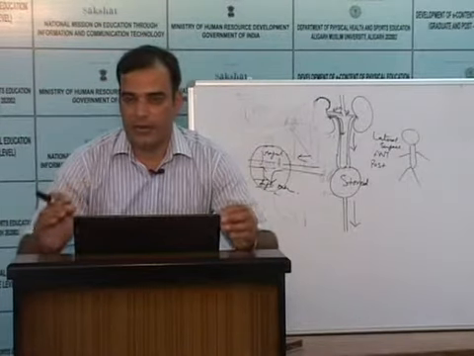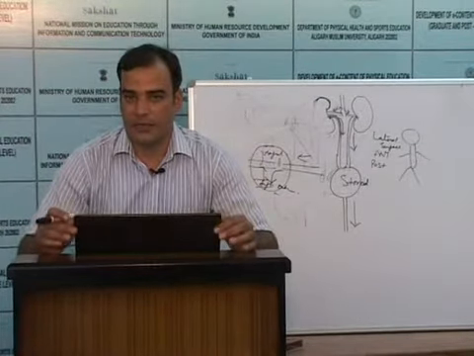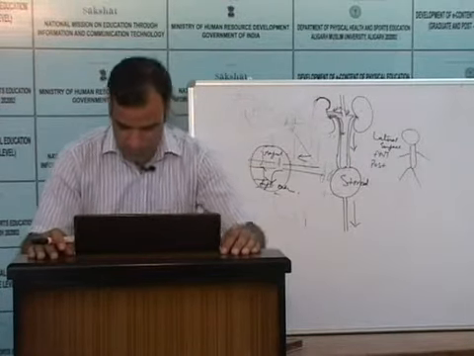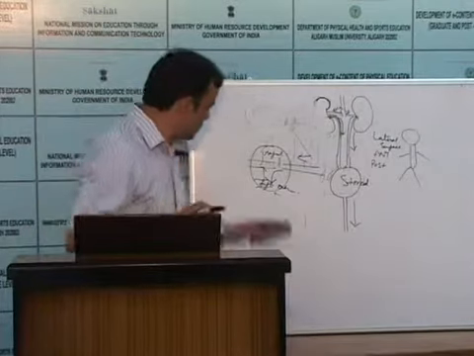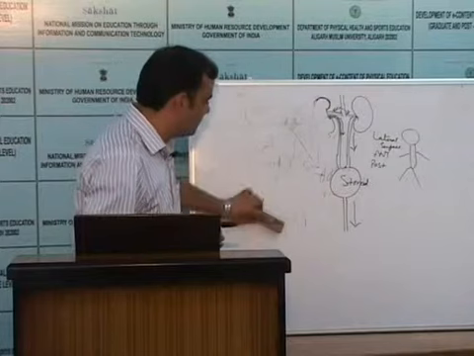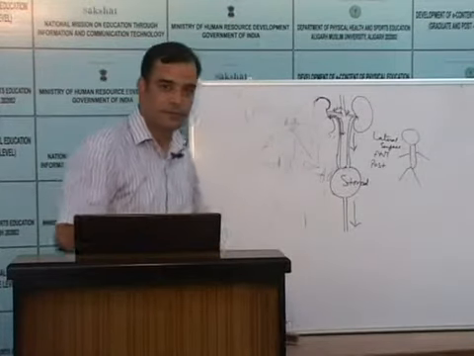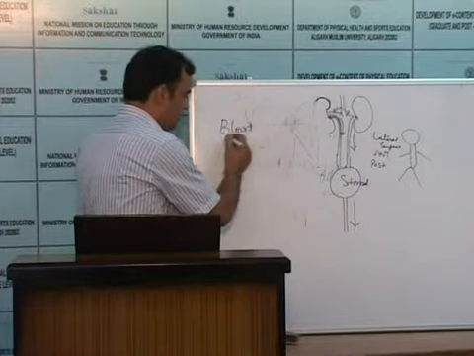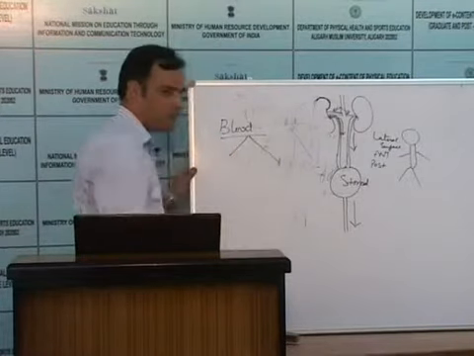And when blood passes through this glomerulus, the plasma is filtered into the Bowman's capsule. Now plasma is basically the liquid portion of the blood. Our blood is constituted of two parts.